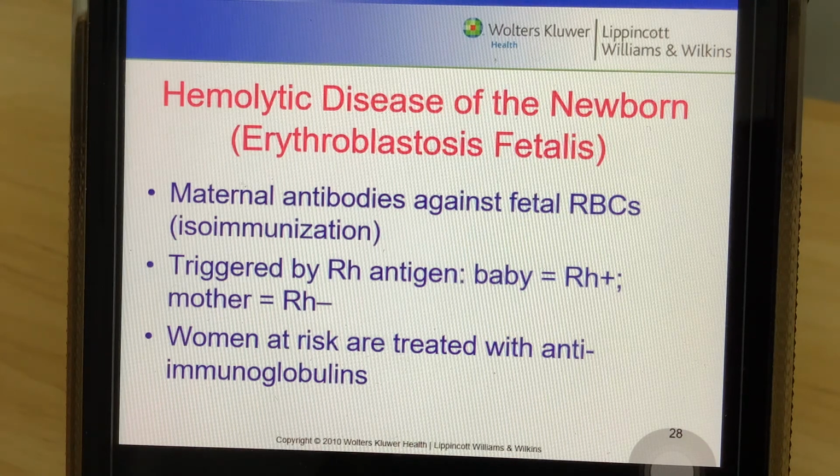Dapat separate sila, pero sometimes there's leakage. So the most serious of this is caused by Rh antigen and can lead to anemia in the fetus. So these days, mothers at risk are identified and the problem prevented by administration of anti-immune globulins. Okay? So women at risk are treated with anti-immune globulins.